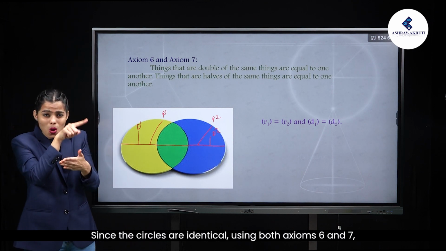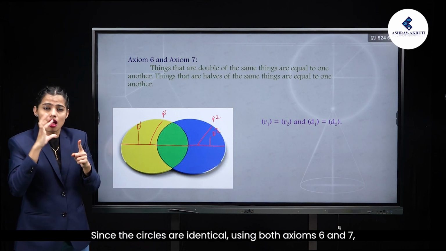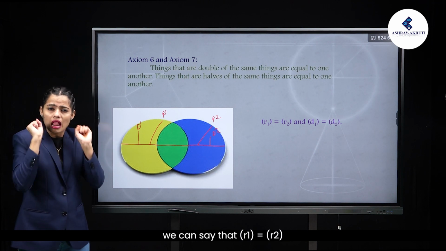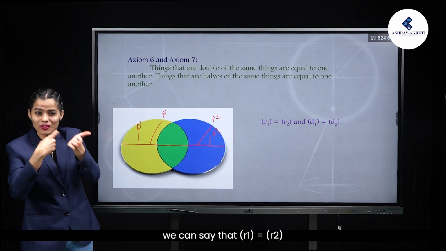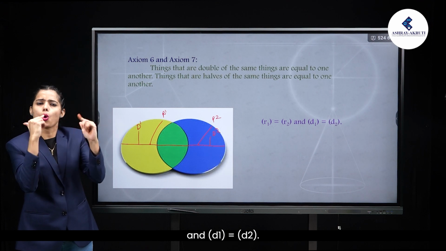Since the circles are identical, using both axioms 6 and 7, we can say that r1 is equal to r2 and d1 is equal to d2.